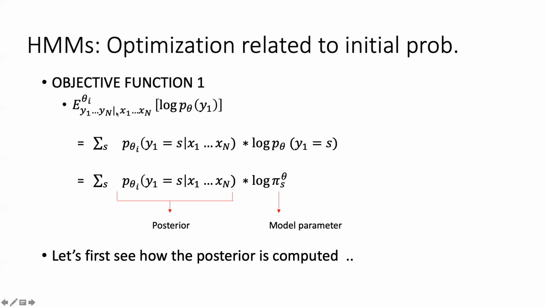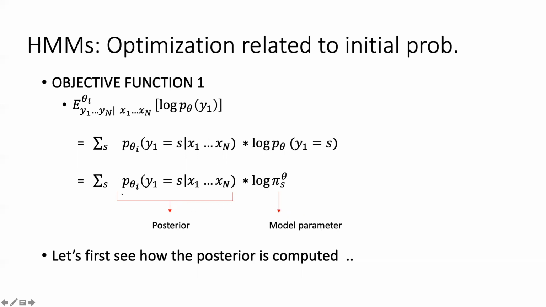First, we have to compute the expectation over the hidden sequence. Expressing this expectation as a summation over the conditional distribution, we can rewrite it in terms of the posterior and the model parameters.